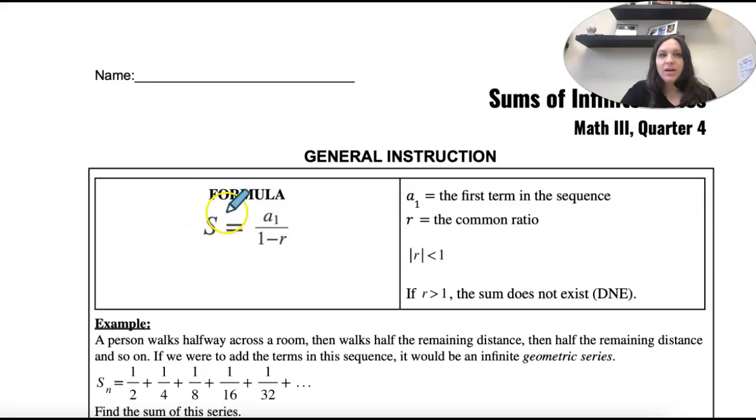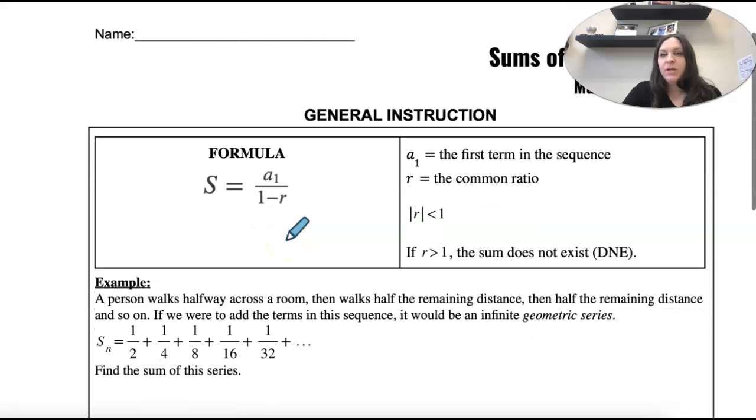And when we can, we have this formula where all we need to know is the first term and the common ratio. And this is the stipulation: the ratio has to be less than 1. So that means that the sequence is getting smaller and smaller.